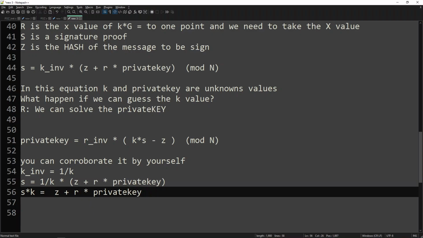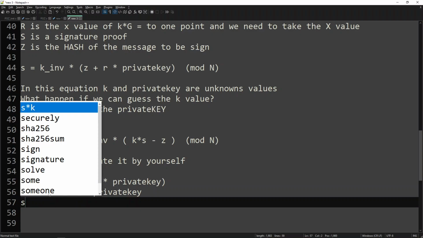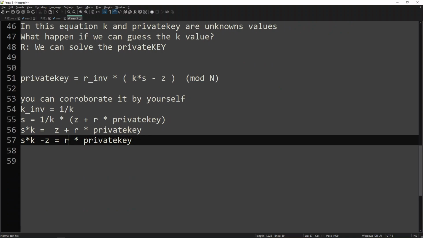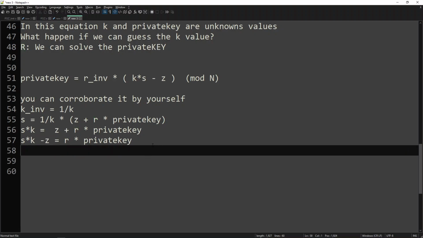So you can have the private key here alone. To do that, you need to paste this c value, subtracting: s times k minus c is equal to r multiplied by the private key. But you can also pass this r value dividing to the other side.